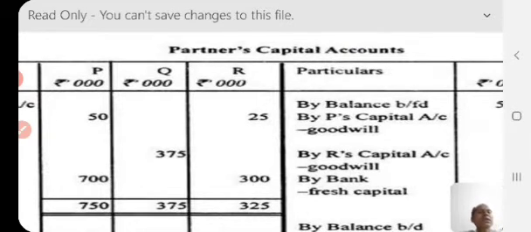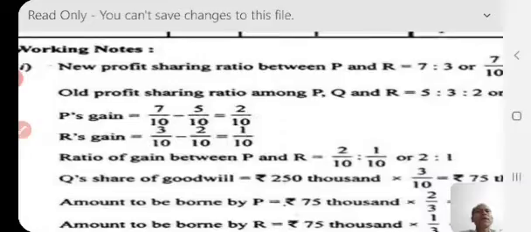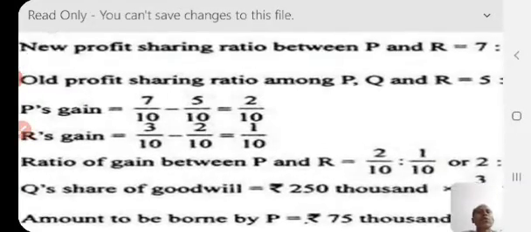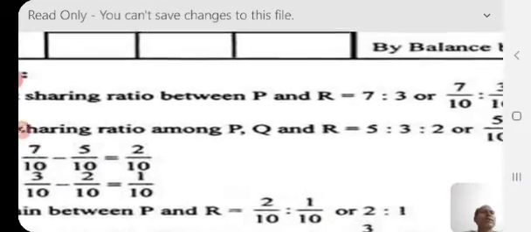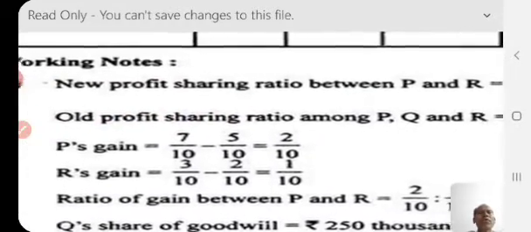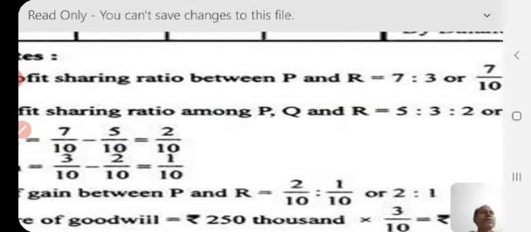So first we shall see here the new profit sharing ratio between P and R, 7:3, that is 7 by 10 and 3 by 10. This is the new profit sharing ratio. Now the old profit sharing ratio among P, Q, R is 5:3:2, or 5 by 10, 3 by 10, 2 by 10.